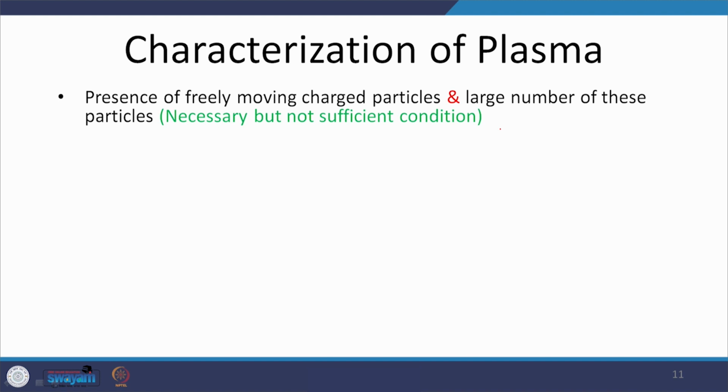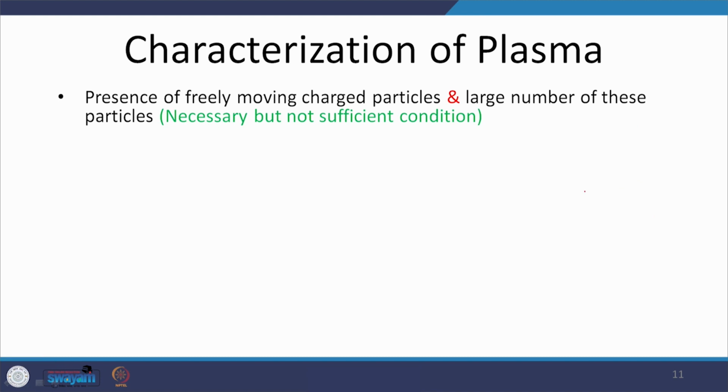Most importantly, you can have weak plasma, cold plasma, or very hot plasma. When you say weak or cold, you are referring to the situation where there are no collisions inside, right. We will come to that later.